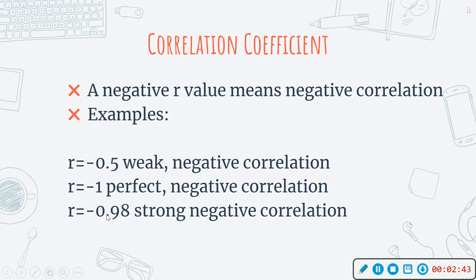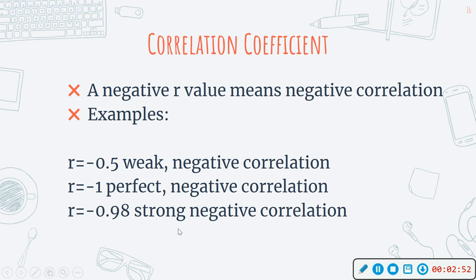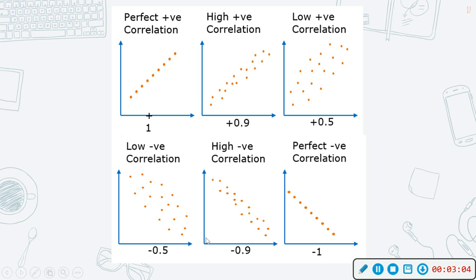So negative 0.98 is just as strong as positive 0.98. The only difference is that one is going to be a positive correlation, the other is a negative correlation. Think of the positive negative signs as separate from the actual number and what the number tells you about the correlation. So let's take a look at some pictures here that show us more about what we mean.